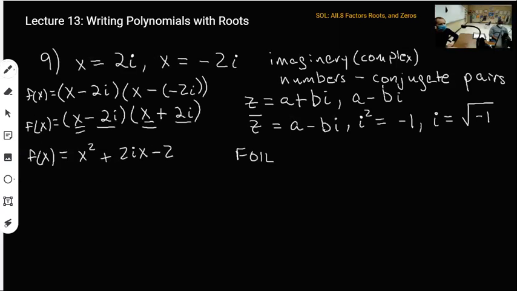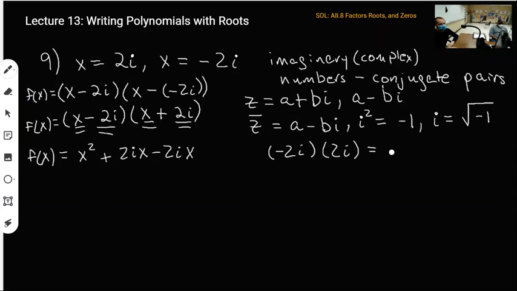I get minus 2ix. And then the last thing I'm going to do is underline the last two terms, right? The negative 2i and the positive 2i. So we're going to take this in steps. So think about it this way. What happens when I multiply negative 2i by a positive 2i?